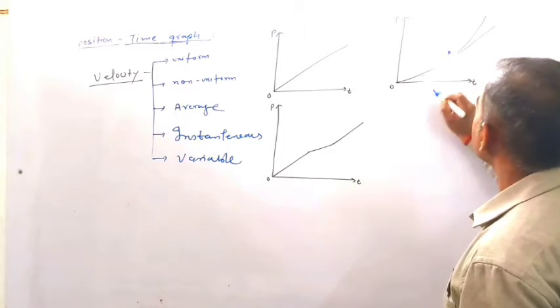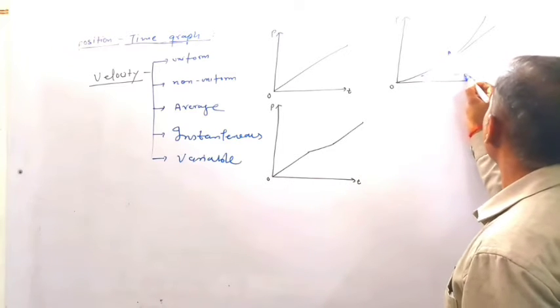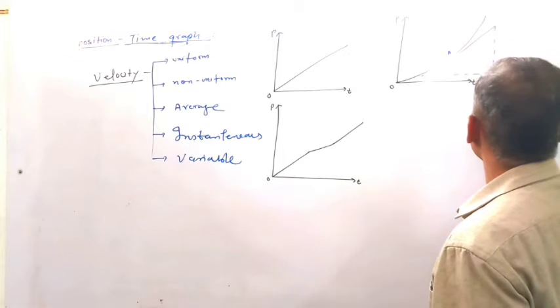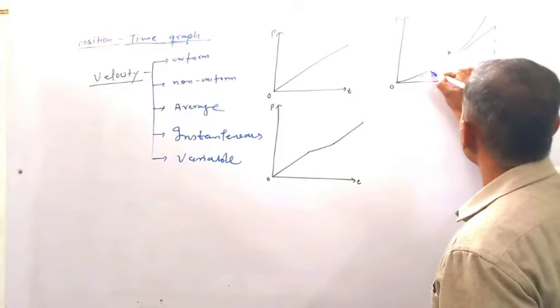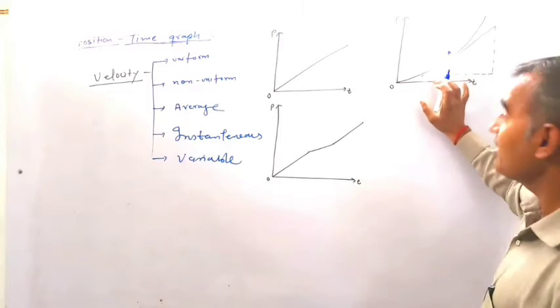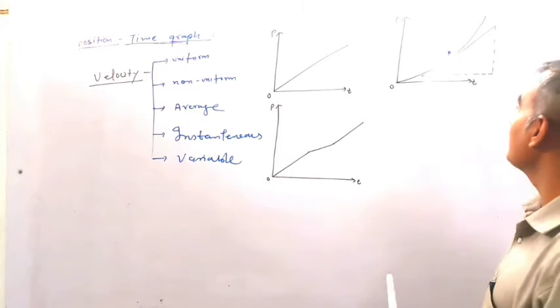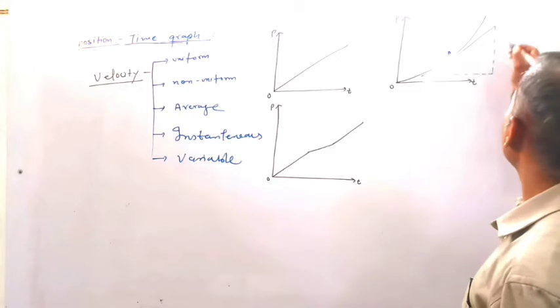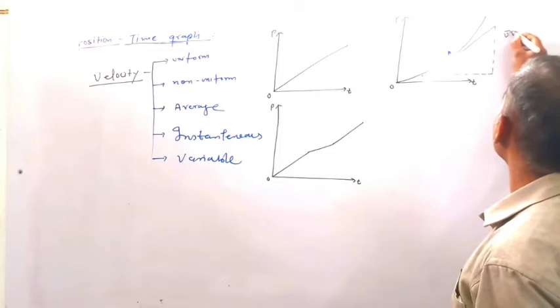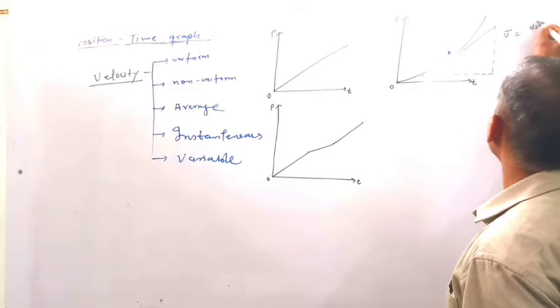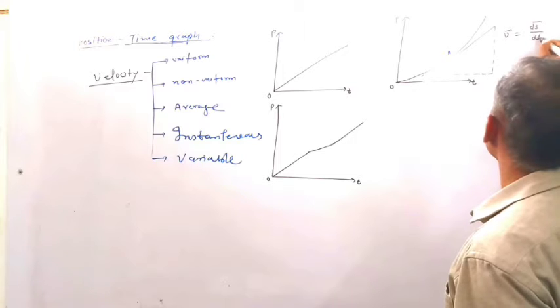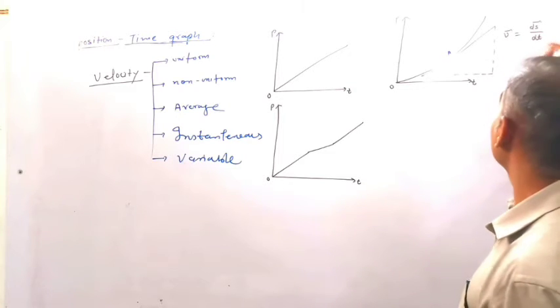This tangent gives you the gradient, and at this point it represents the instantaneous velocity, and v equals ds by dt.